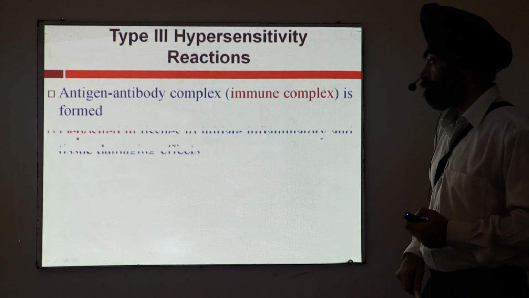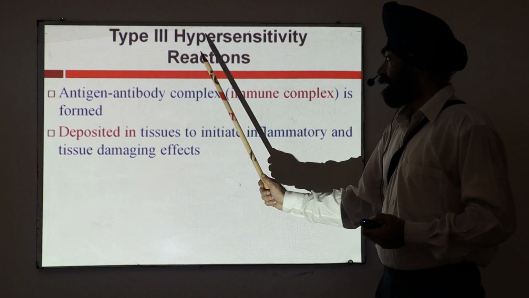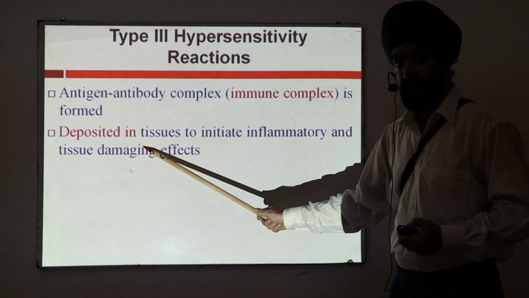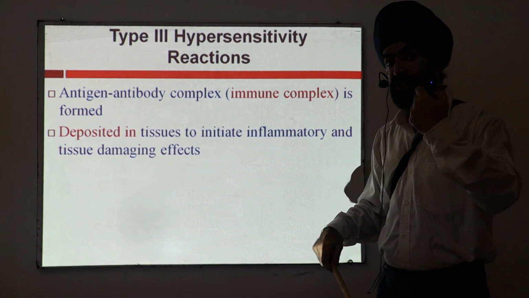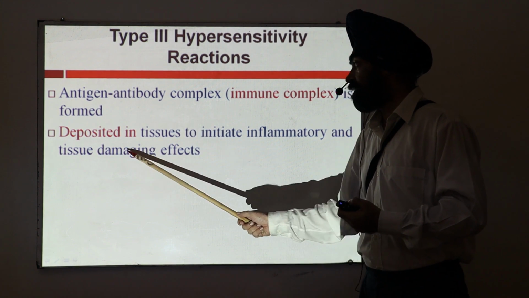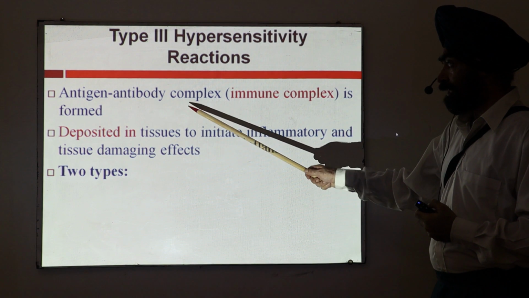This complex is formed, and where will this complex go? This complex is deposited in the tissues. After the deposition, there is initiation of inflammation, and when inflammation is initiated, it will produce a damaging effect on the tissues. I will explain this one.